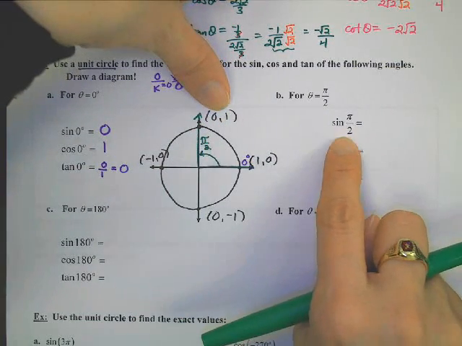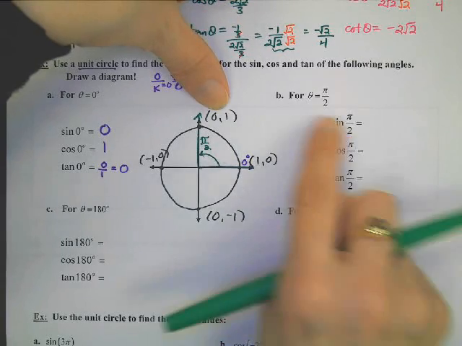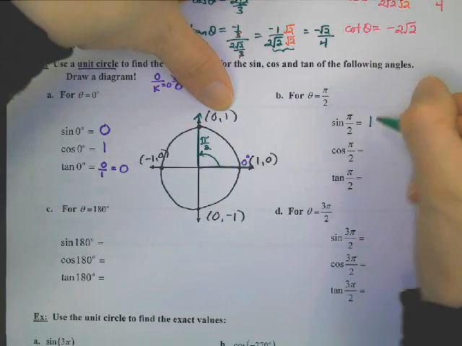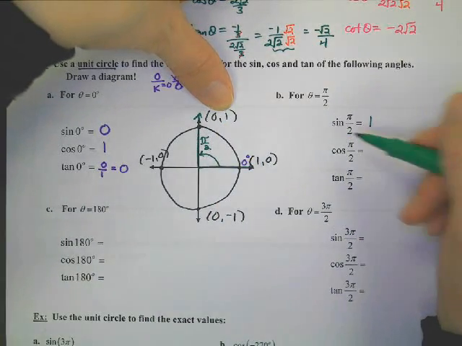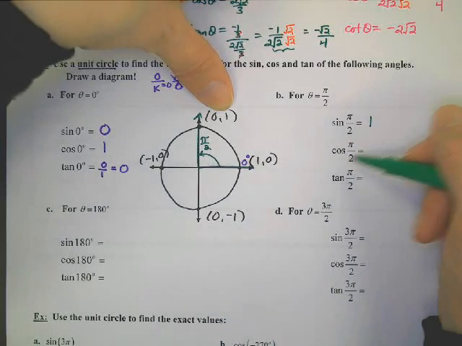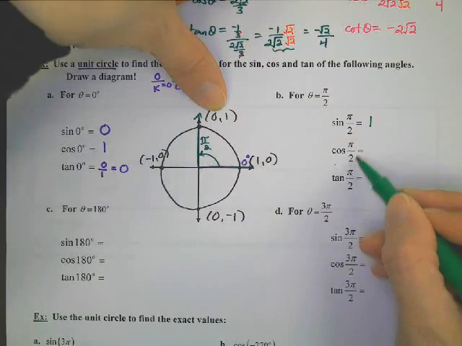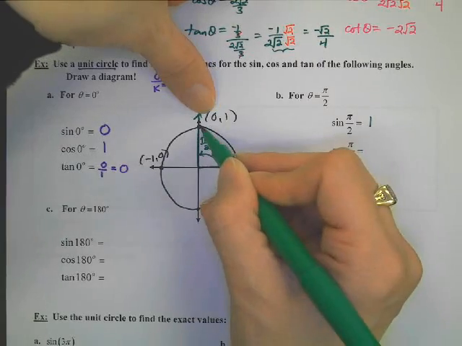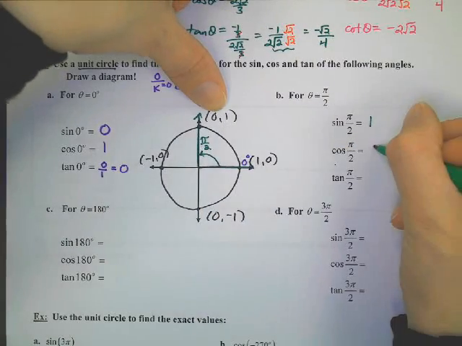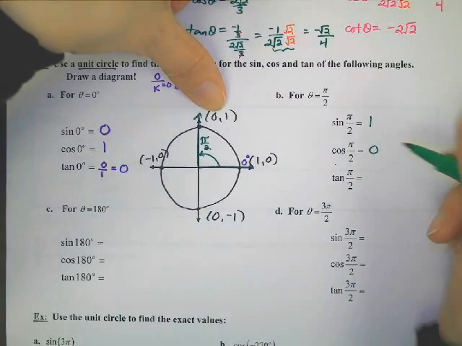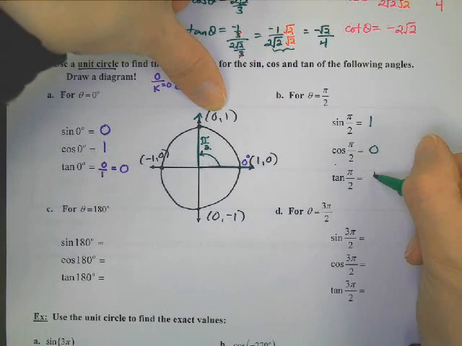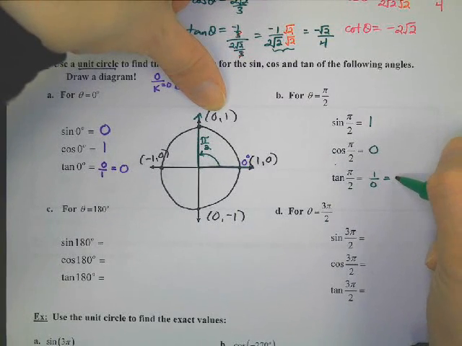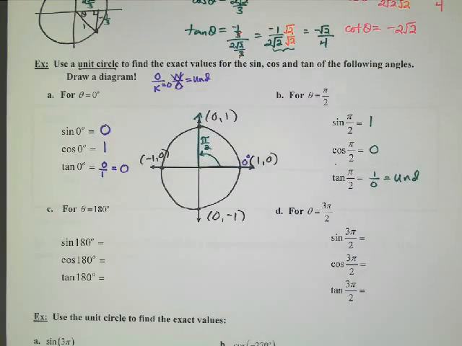When I say sine of pi over 2, you say 1. You always have to say an angle, sine of an angle, or cosine of some angle. What's the cosine of angle pi over 2? Go to that angle, go to that x value, and tell me 0. Tangent for pi over 2 is sine over cosine, and 1 divided by 0 makes? That's right, undefined. Make sure you finish that. Don't leave your answer as a problem.